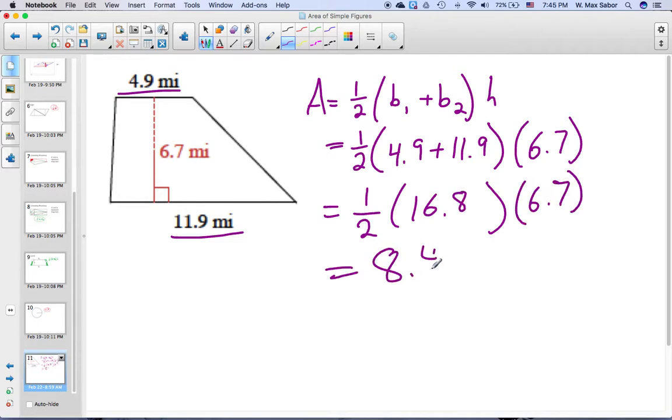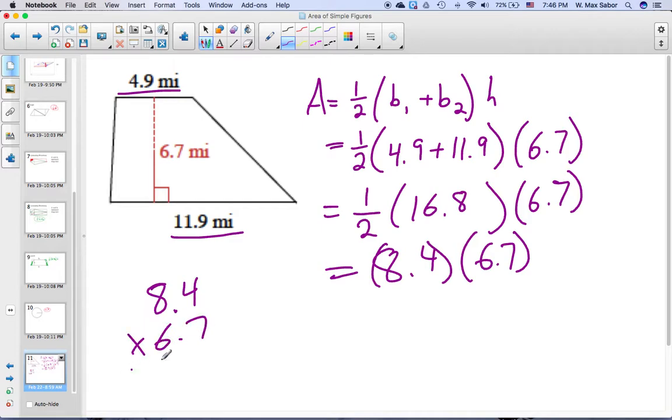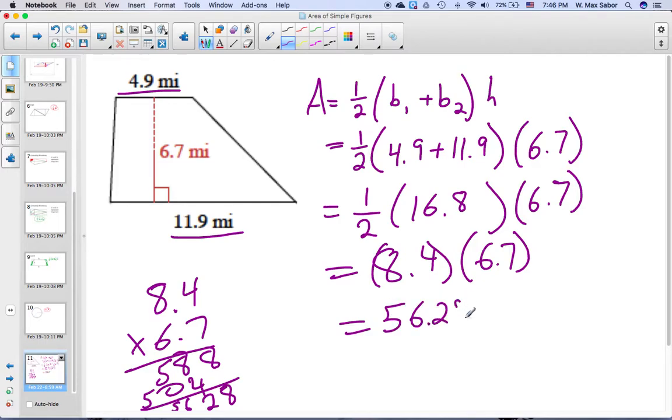So 8.4 times 6.7. 8.4 times 6.7 is 56.28.